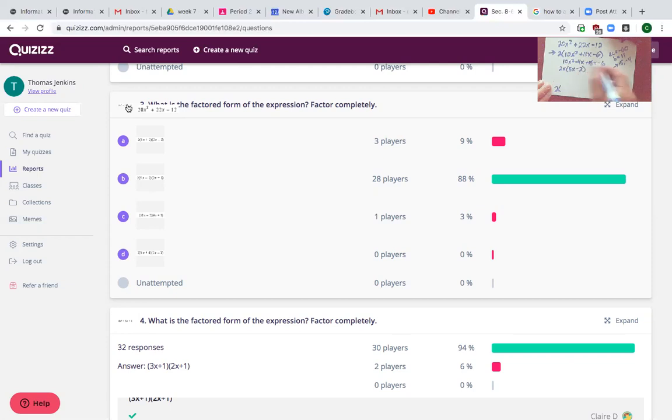Out of these two, I can take a plus 3, and then times the quantity 5x minus 2. So that factors out to 2x plus 3 times 5x minus 2.